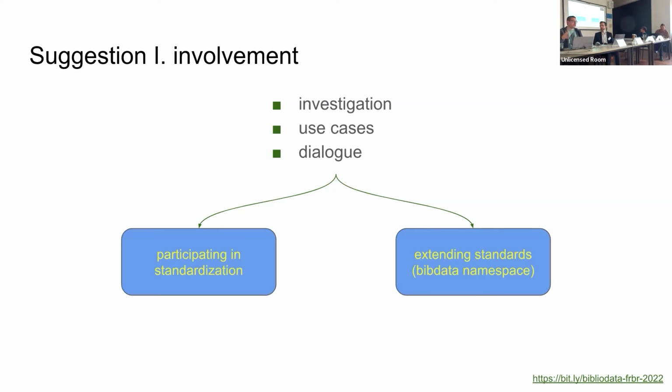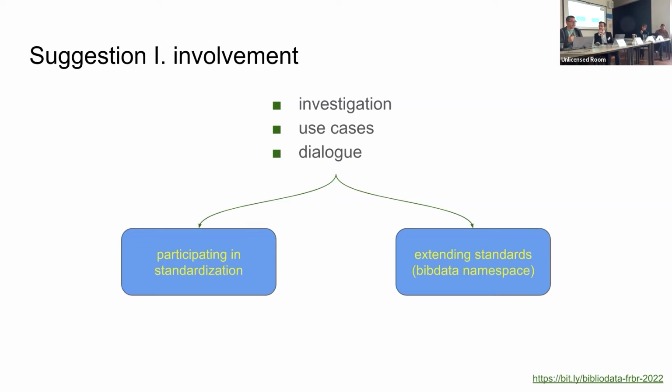We should set up use cases like this PandaStore, which detect where the boundaries of our models are, what the boundaries of these 2 worlds of models are. And we should start dialogue like this event between these 2 communities, the researchers and the cultural heritage institutions.